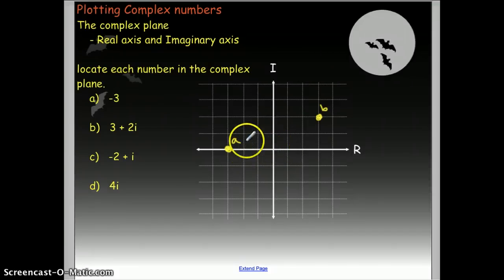So negative 2 on the real, 1 on the imaginary. And then for D, there's no real part to that, just imaginary, so I'm just going to go 4 on the imaginary. And that's it. That's graphing complex numbers.